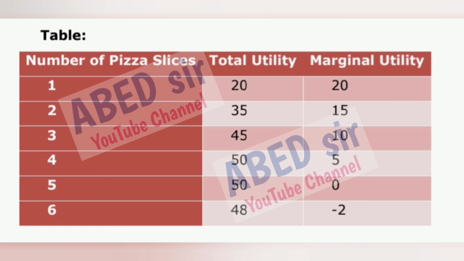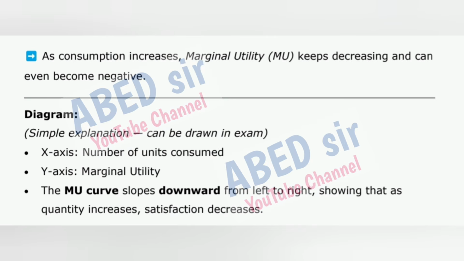Table: number of pizza slices, total utility, marginal utility. 1: 20, 20; 2: 35, 15; 3: 45, 10; 4: 55, 5; 5: 50, 0; 6: 48, -2. As consumption increases, marginal utility, MU, keeps decreasing and can even become negative.